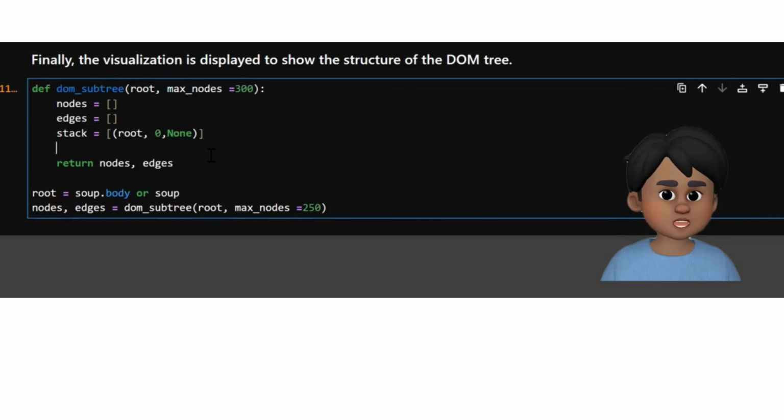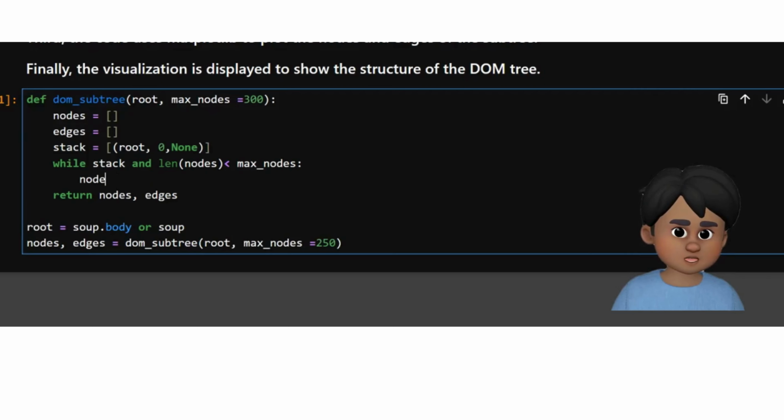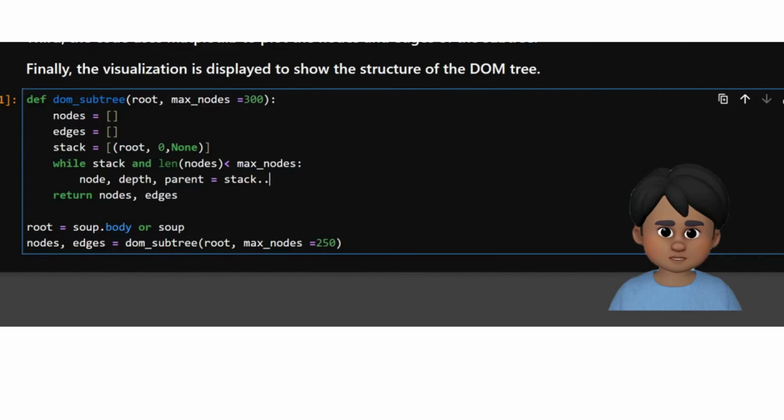So let's begin now with the code. We can say while stack and length of nodes is less than max nodes, node, depth, parent equals stack.pop. We have two operations, push and pop.